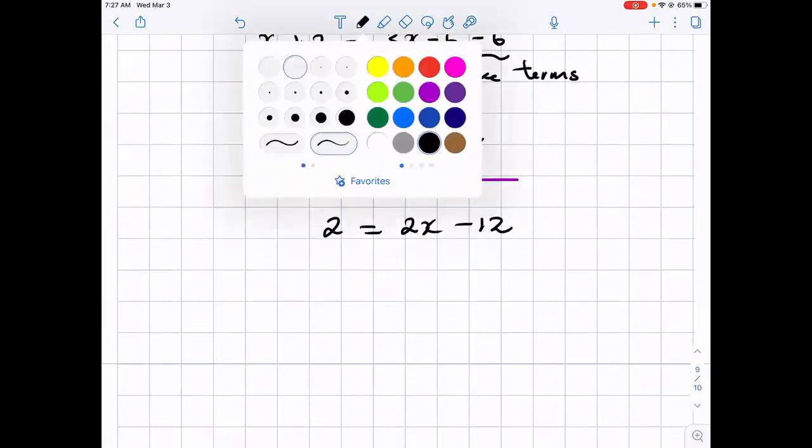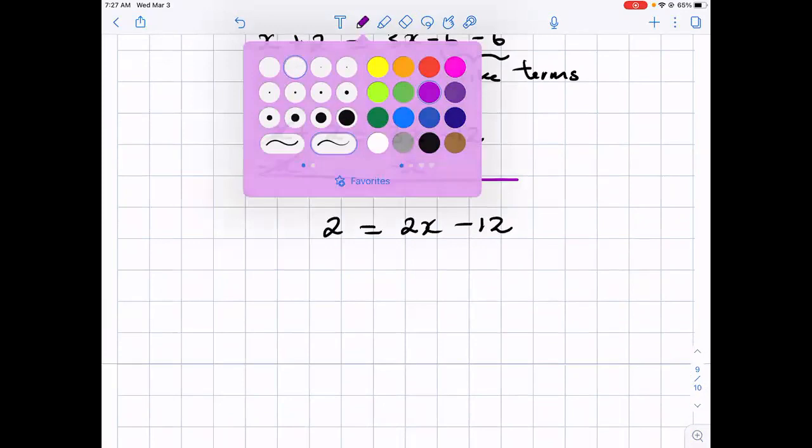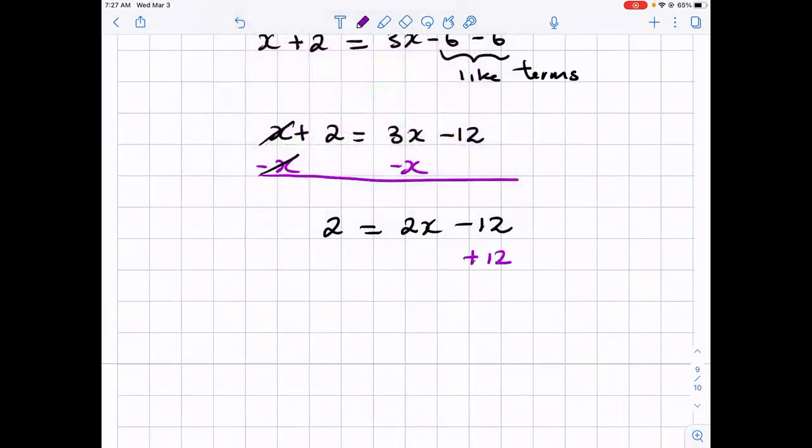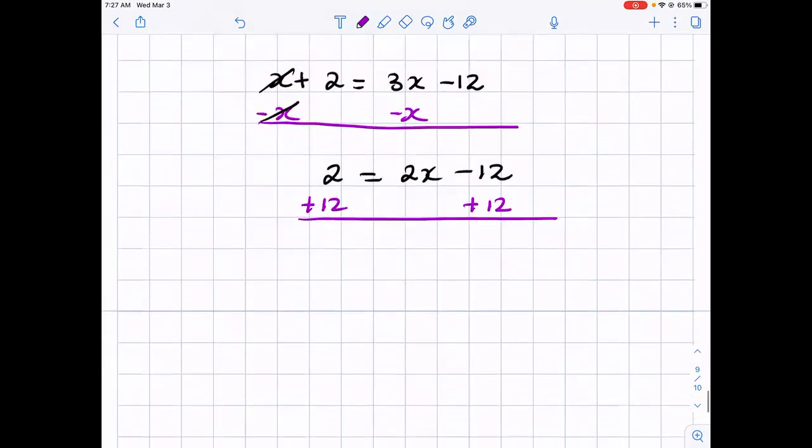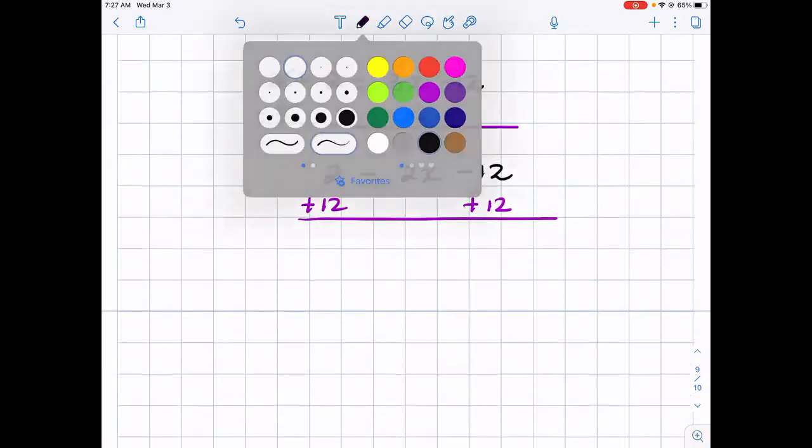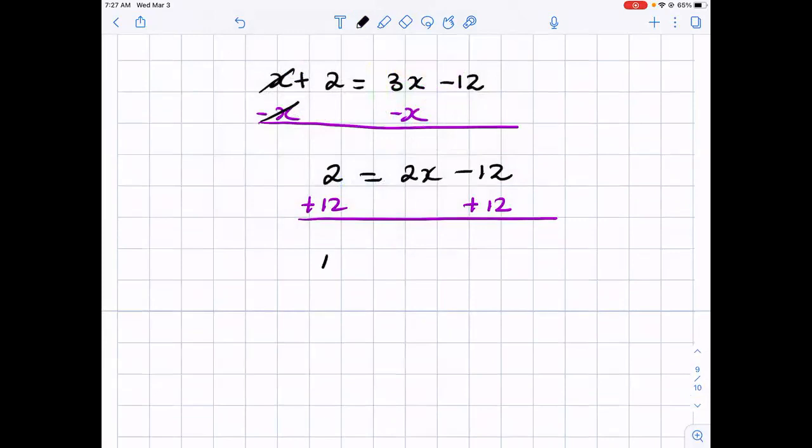Okay, and then I can add 12 to both sides. And 12 plus 2 becomes 14. So we have 14 is equal to 2x. The minus 12 and the plus 12 cancel.